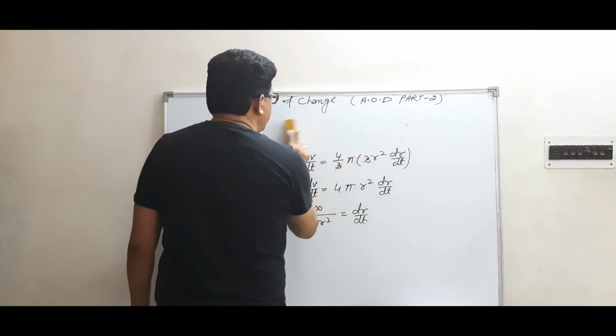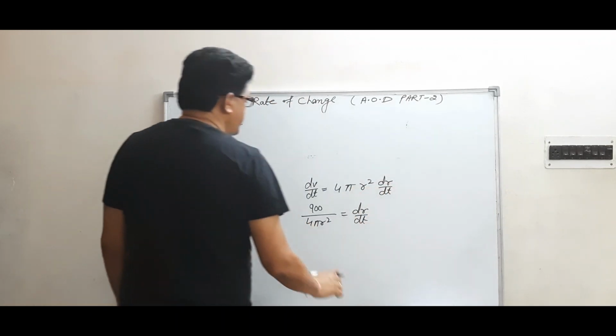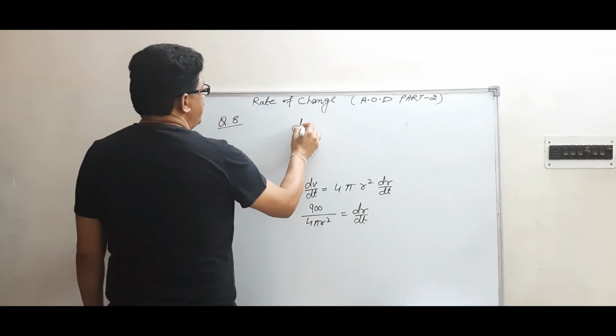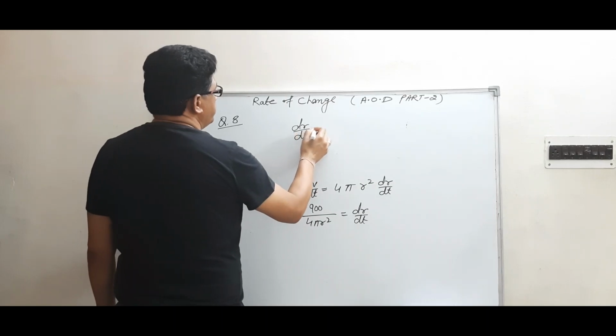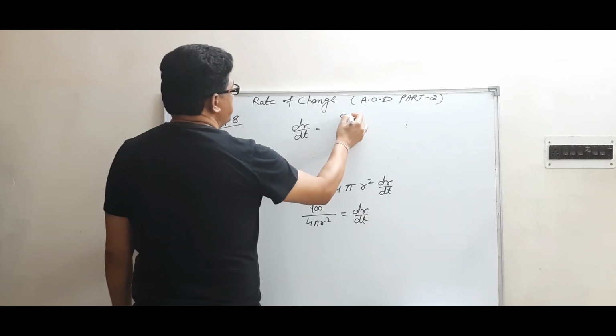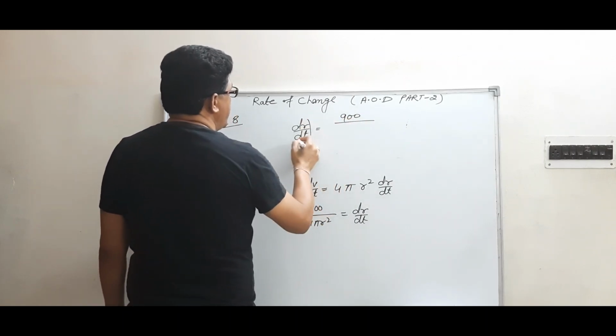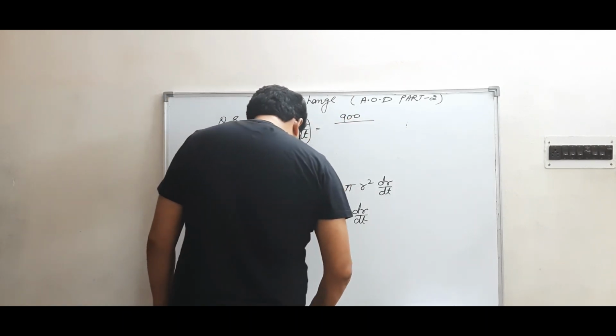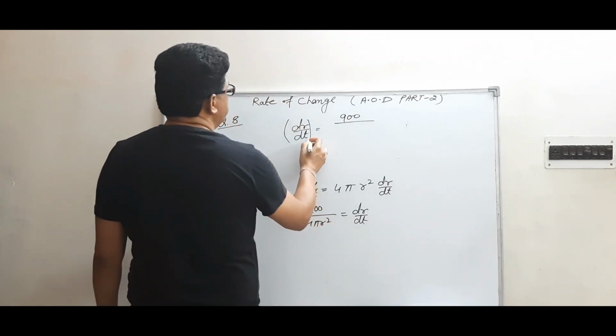And now by using this, dr upon dt, you can find 900 upon dr upon dt at r is equals to 15.